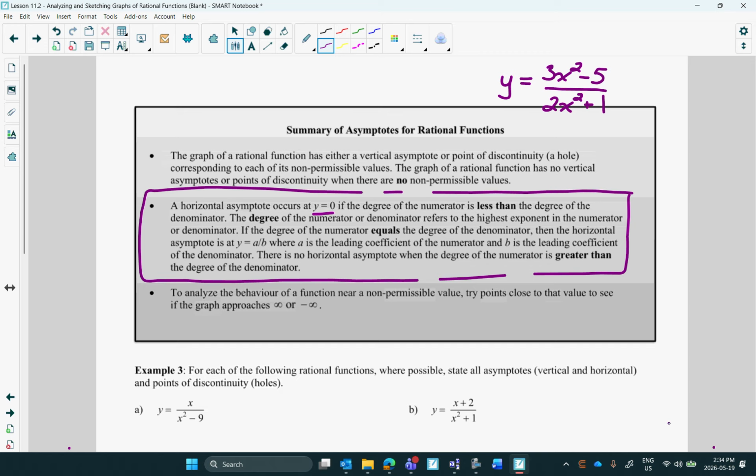That's it. This was 4. 4 divided by 2 would be y equals 2. So the horizontal would move up to y equals 2. If the degree is greater up top than on the bottom, there is no horizontal asymptote. So you have to remember those 3 things for the horizontal asymptote. That's what all this says.